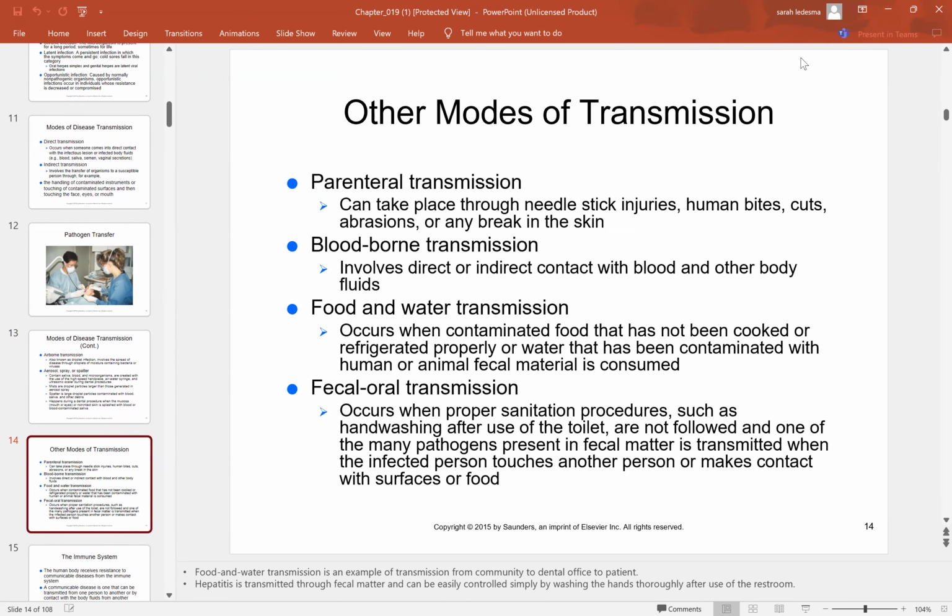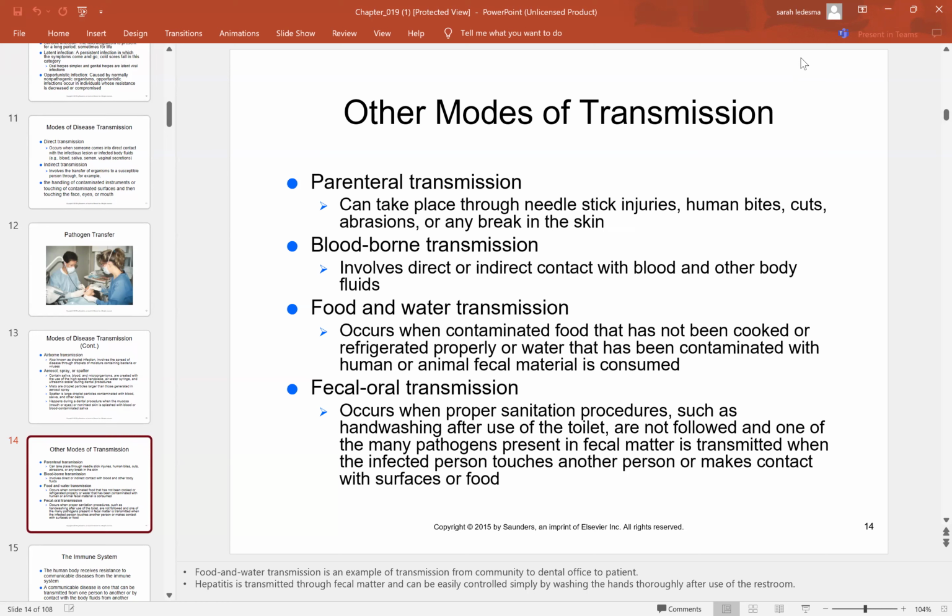Parenteral transmission can take place through a needle stick injury, bite, cut, abrasion, or any break in the skin. Blood-borne transmission involves direct or indirect contact with blood or other body fluids. Food and water transmission occurs when contaminated food has not been cooked or refrigerated properly, or water has been contaminated with human or animal fecal material.